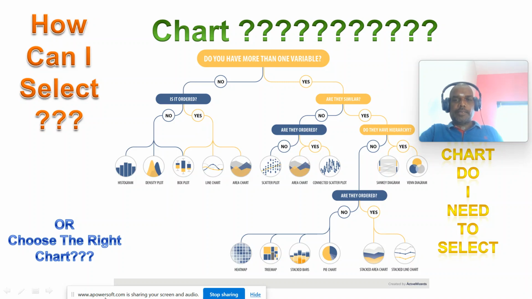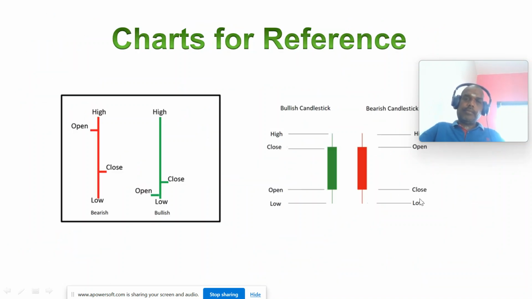If they have a hierarchy, then yes, you need to go with the Venn diagram. If no, or they are ordered, then you need to go with the kind of chart that is provided here. This is a typical chart, especially in the share market.